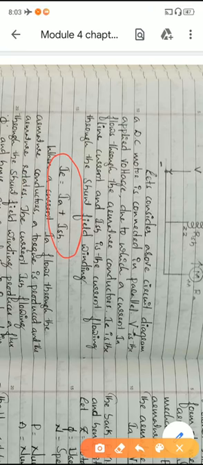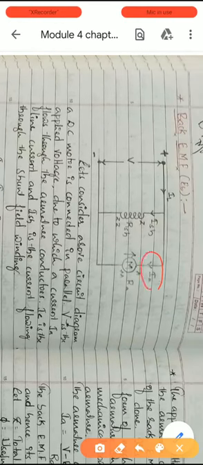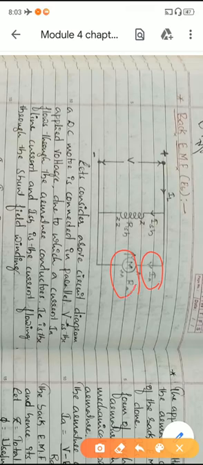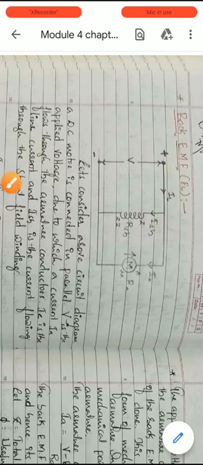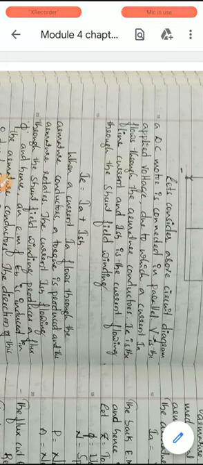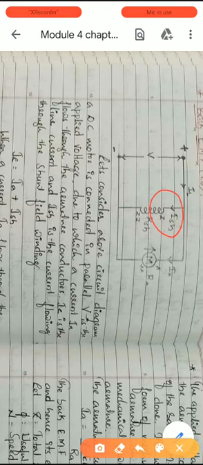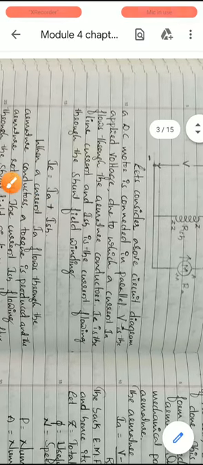Now current IA flows through the armature resistance Ra of the motor, so the motor rotates. That is, when current IA flows through the armature conductor, a torque is produced and the armature rotates. Next, when current ISH flows through the field resistor, there will be a change in magnetic flux.